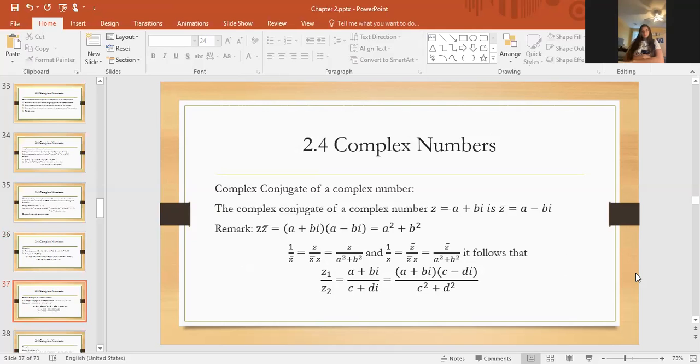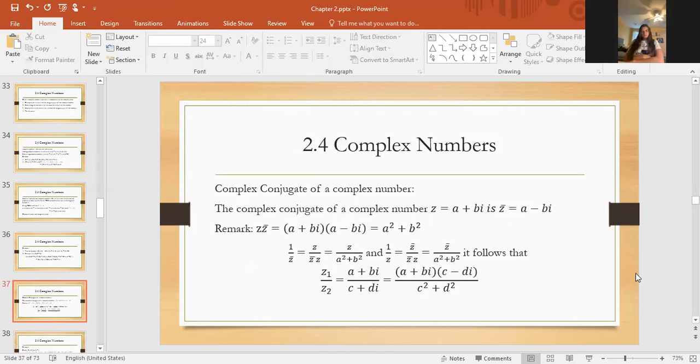Very interesting about complex numbers is the conjugate of a complex number. The conjugate of a complex number is a number obtained by reversing the sign of the imaginary part. So if a complex number z is a plus bi, then the conjugate of z will be a minus bi. Something interesting about the conjugate is that if you multiply any number by its conjugate, you get the square of the distance, in other words, the sum of the squares of the values.